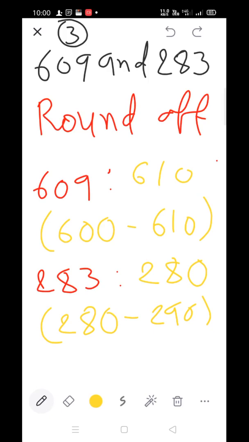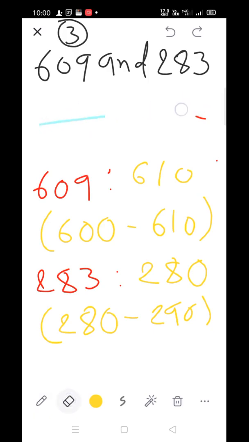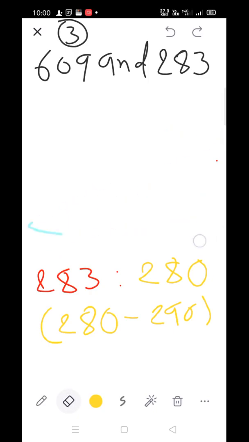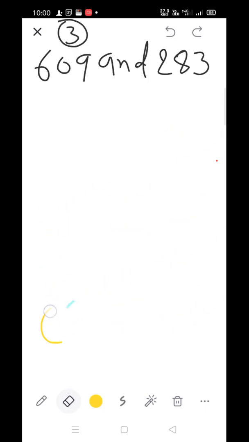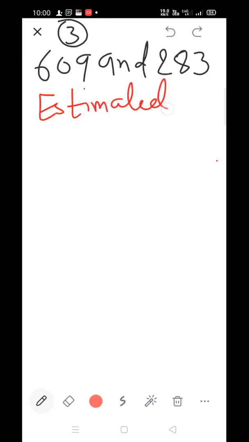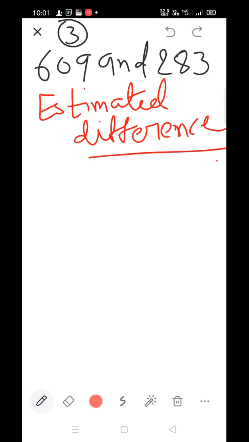Now find out the estimated difference. Round off of both numbers: 609 is 610 minus 283 is 280.